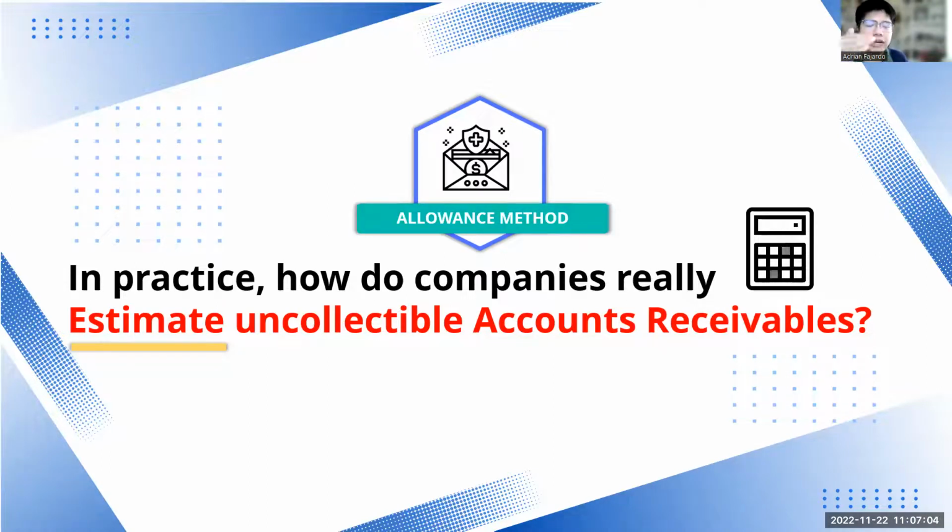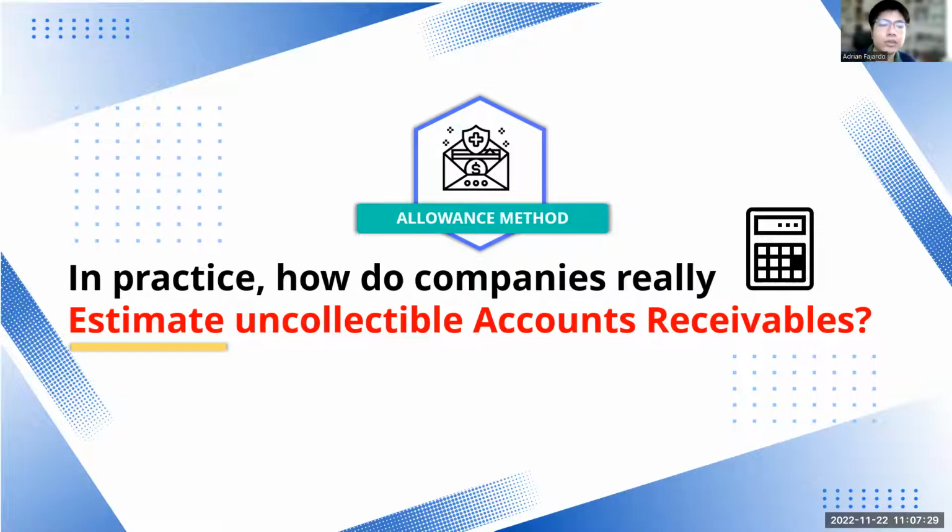And then you can't judge itong portion na to hindi ko mako-collect per account basis. That's gonna be hard. So kindly take note na since we're estimating uncollectible accounts receivable, we're only focusing na on allowance method. Iniwan na natin si direct write-off. So anything that will be discussed in this point forward refers to allowance method.